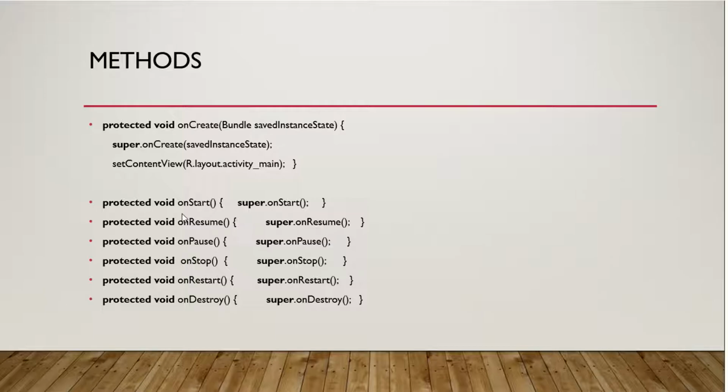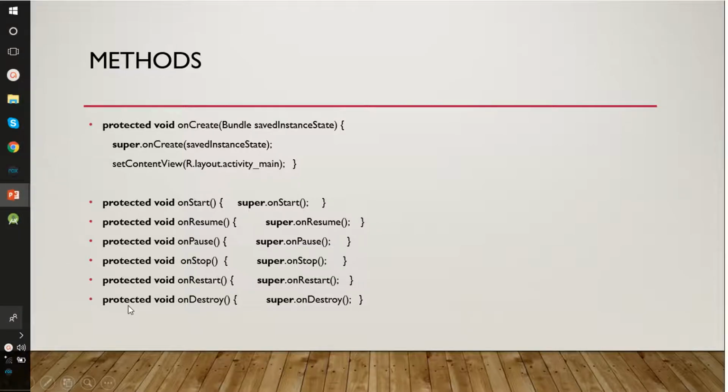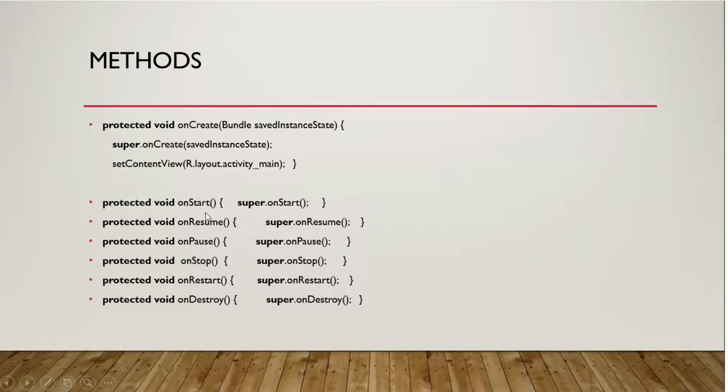So when the activity is becoming visible to the user, the onStart method is called. The onStart method is always followed by onResume, meaning the system will always call the onResume method after executing the onStart method.